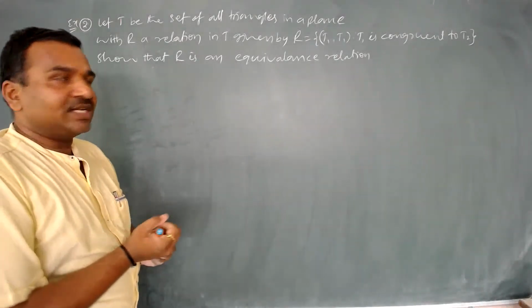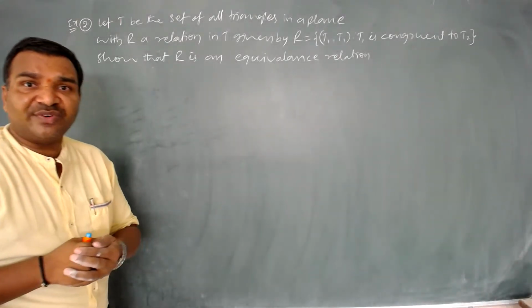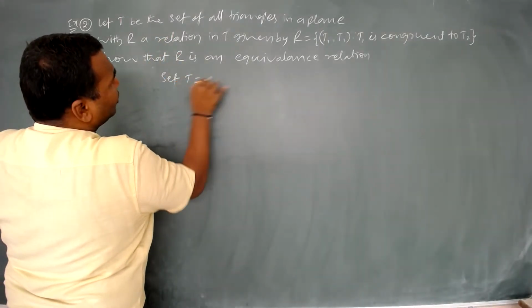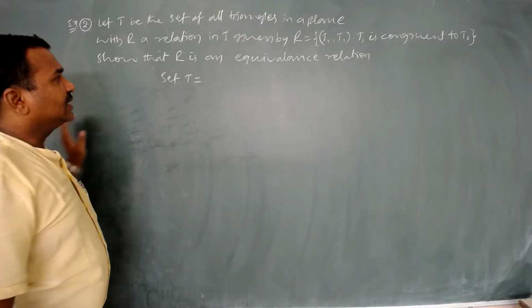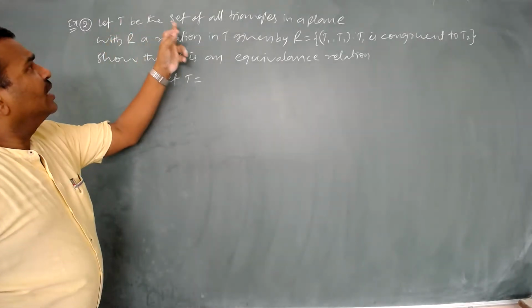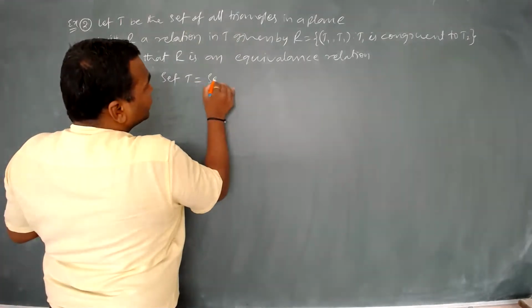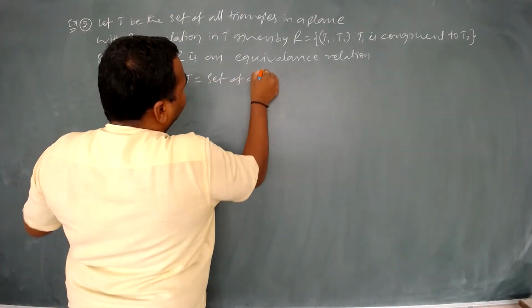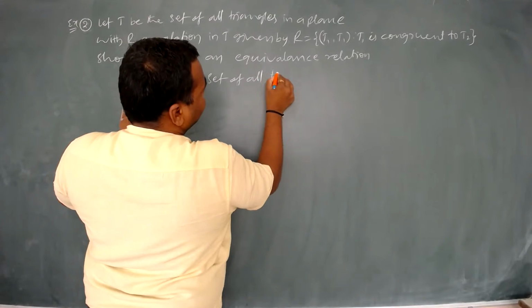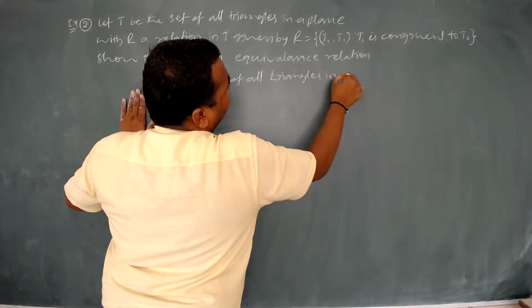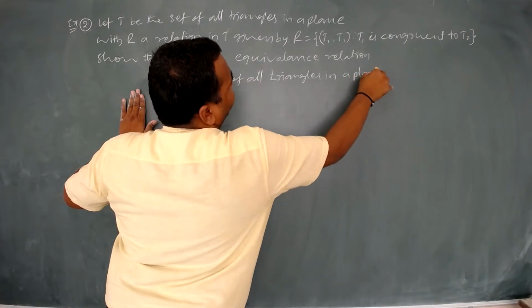Okay. Try to understand. First of all, what is the given set? T is the set of all triangles in a plane. This is given.